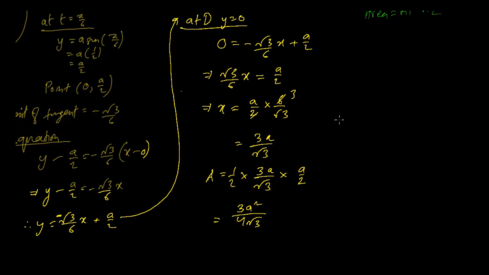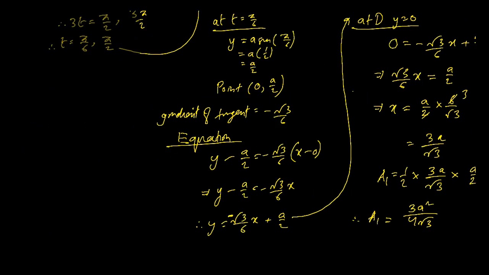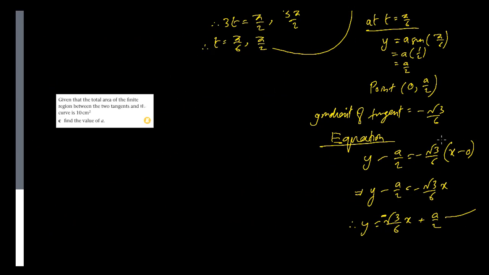This is O, this is D. D has x-coordinate 3a by root 3, and A has y-coordinate a by 2. So we are finding the area, which I call area 1, as half into base into height. So this is this area.